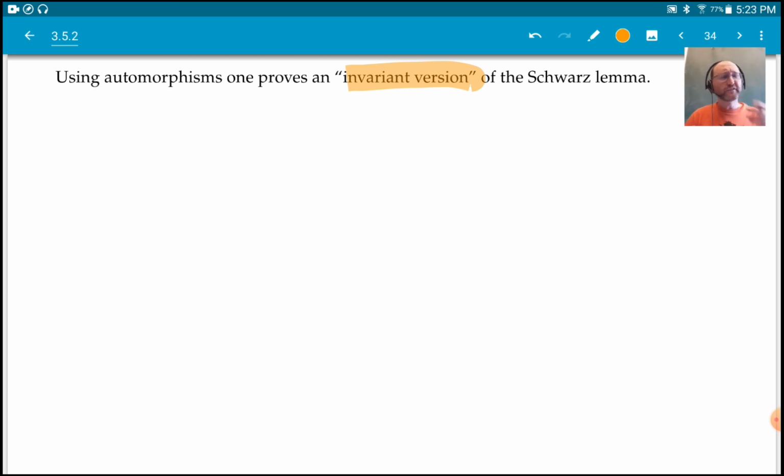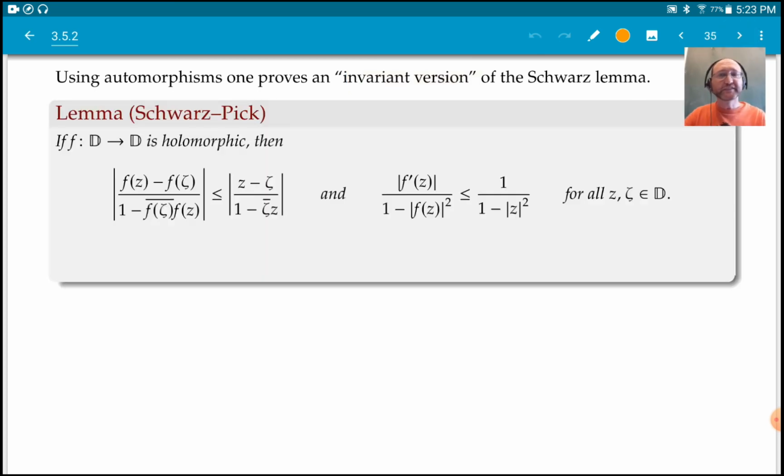So you could ask about a Schwarz lemma that works for any functions going from the disk to the disk, and that's the Schwarz-Pick lemma, which is basically Schwarz lemma with automorphisms thrown in.